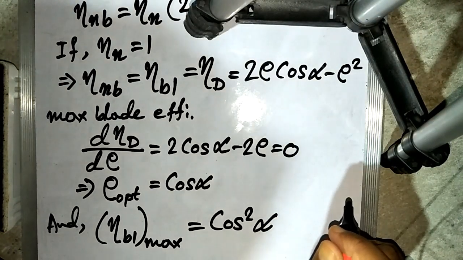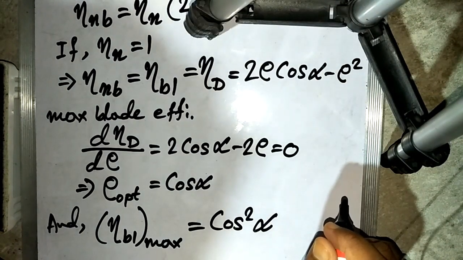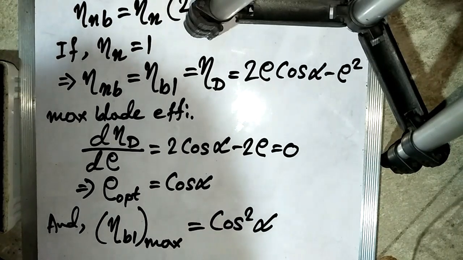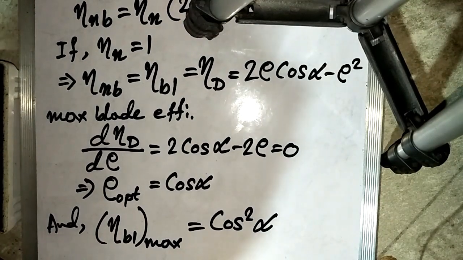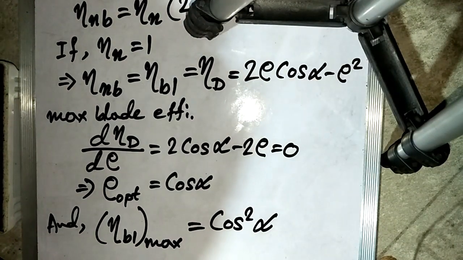Which is somewhat less than what was obtained in the previous case. In comparison of simple impulse, Curtis and reaction staging, we can say that all the efficiency values are equal.